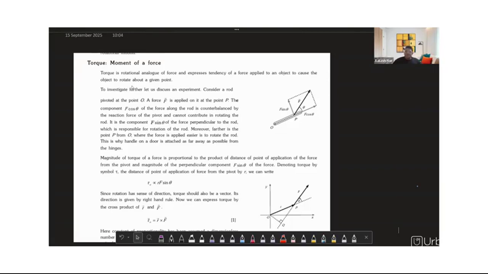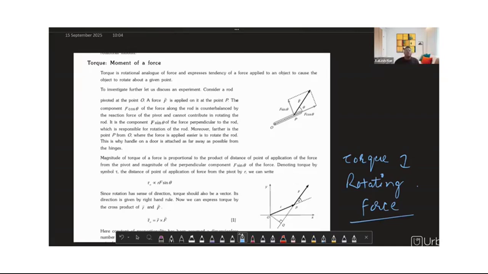Hello students, welcome to today's session on torque, which is from system of particles and rotational motion. As we all know from lower grades, torque is the rotating force, the force which actually causes rotation in a circular direction.